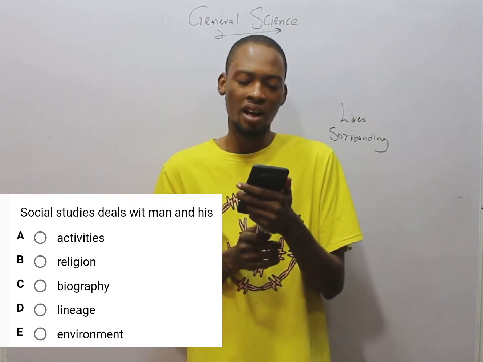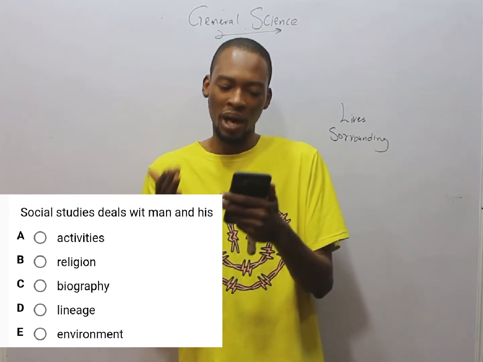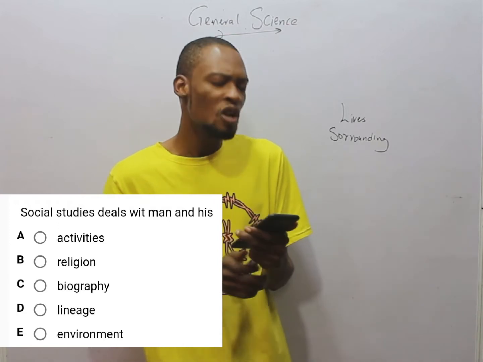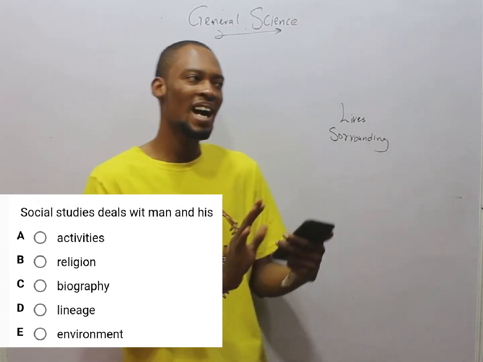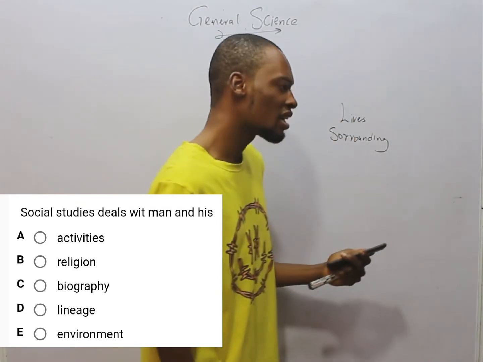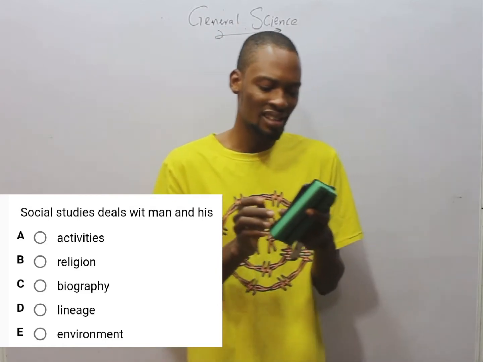Option A says activities, B religion, C biography, D lineage, and E environment. When you study man, activities of man, religion, and every other thing, they are inside man's environment. So the best answer is the study of man and his environment. Option E is correct.